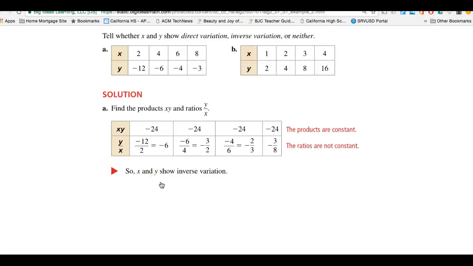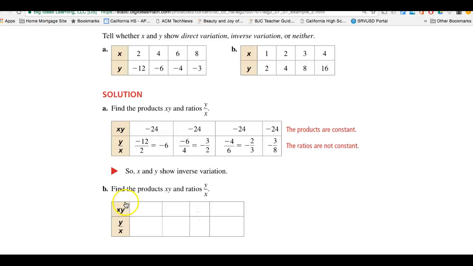I'm going to go through this together instead of writing it out. So again, we're going to look at these new points, and we're trying to see if the products or ratios are the same. So the products, we get 2 and then 8, 24, 64. So 1 times 2, 2 times 4, 3 times 8, 4 times 16.